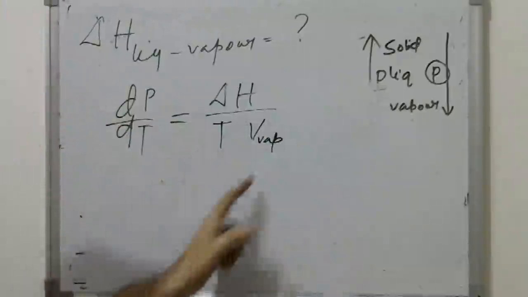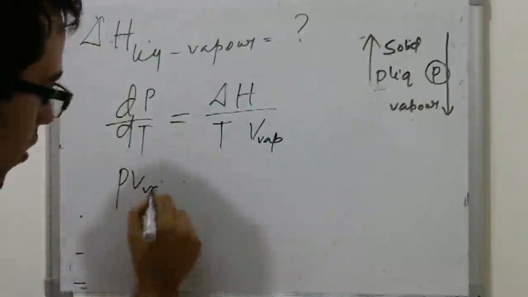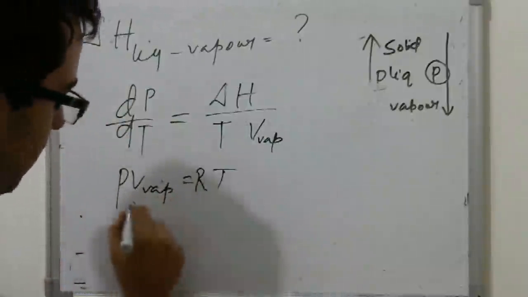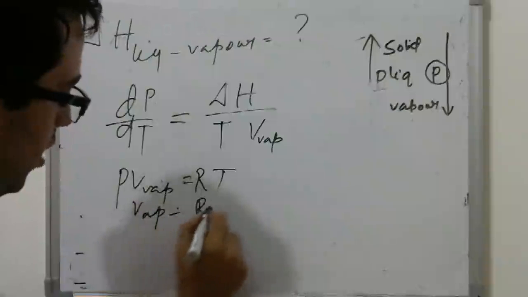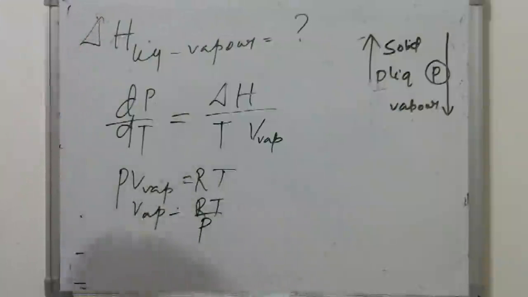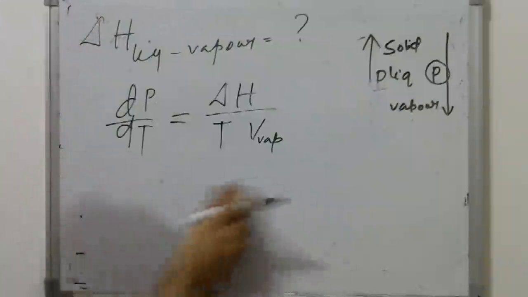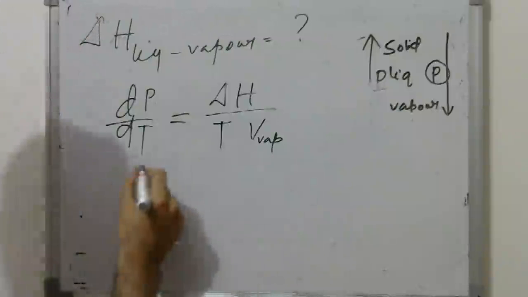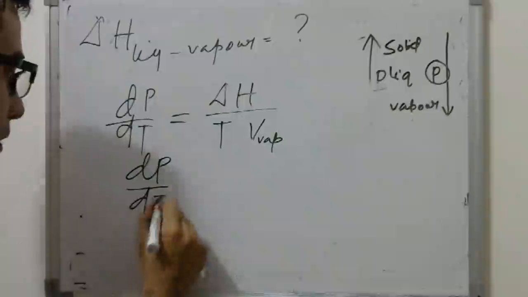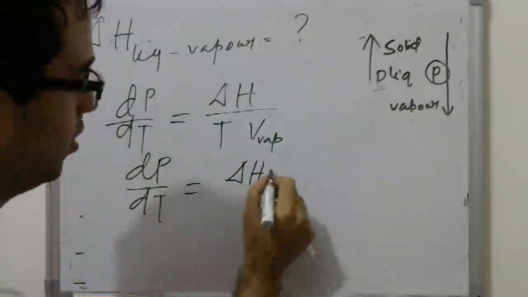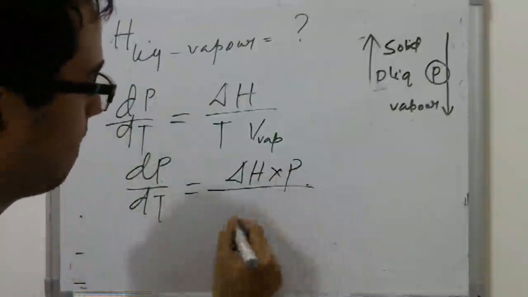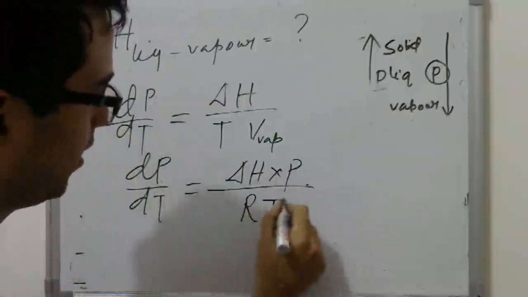Since PV equals RT, V vapor equals RT by P. If you substitute here, dP by dT is equal to delta H P by RT square.